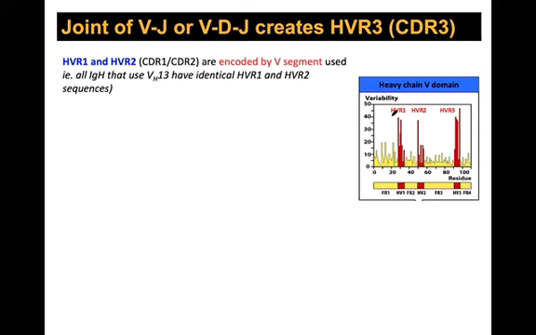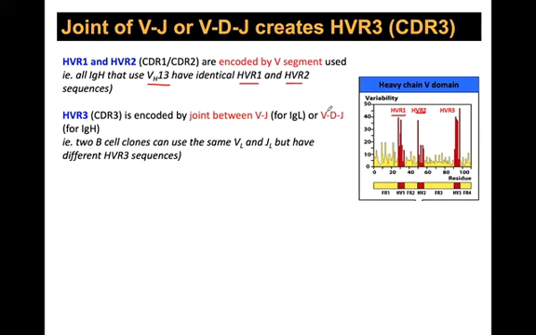HVR1 and 2 are encoded by whichever V gene segment that B cell chose. So all heavy chains that used the V heavy 13 gene segment have an identical HVR1 and HVR2. Okay, so that's just determined by which gene segment you chose.